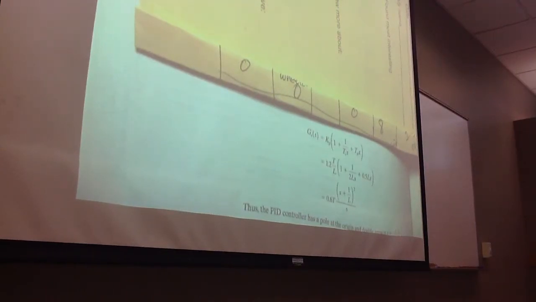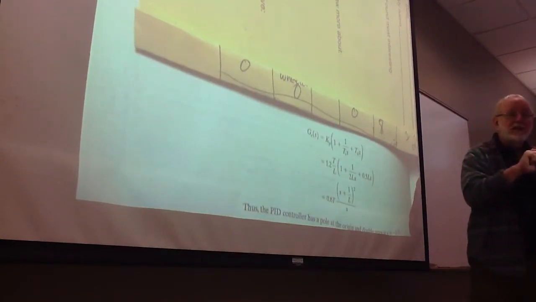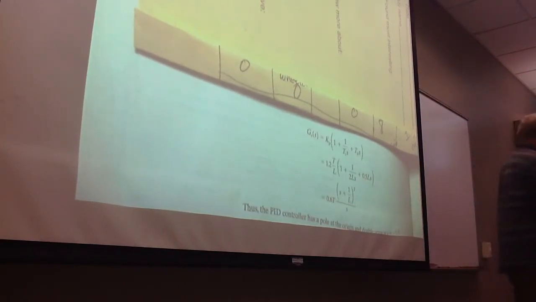And B, when you describe what your K, tau, and T naught are, I believe I said we're going to use frequency response results for that. So I want you to show me K, tau, and T naught that you got from your frequency response for each region.